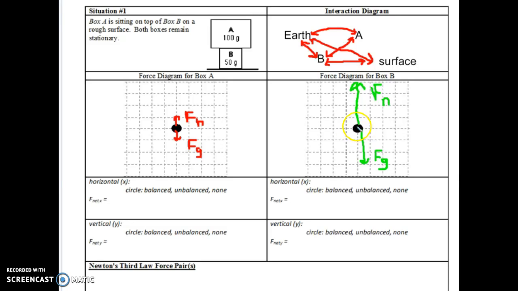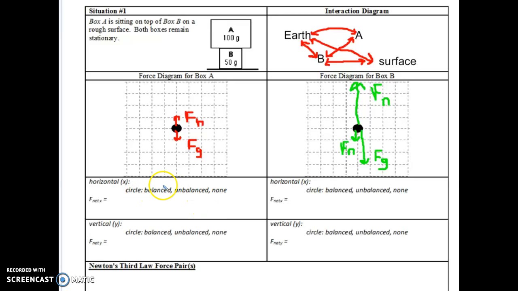Again, I still have object B interacting with object A. Object A is above object B, so object B is going to experience a downward normal force, again on B, by A.